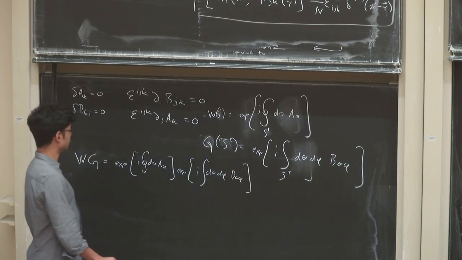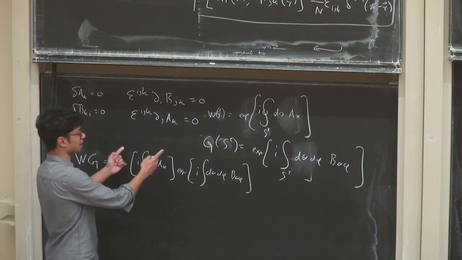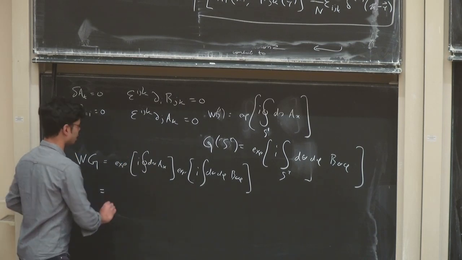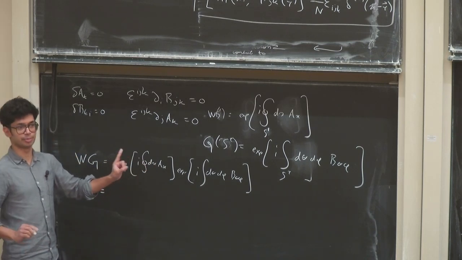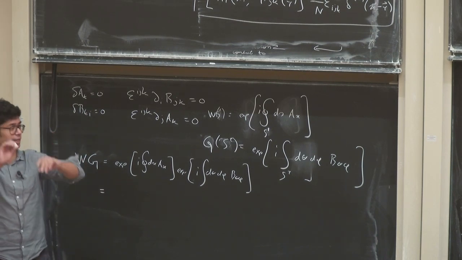Now, I want to figure out what they are in the other order. The way to do that is to use Baker-Campbell-Hausdorff, BCH, to bring the two things both into the exponent.